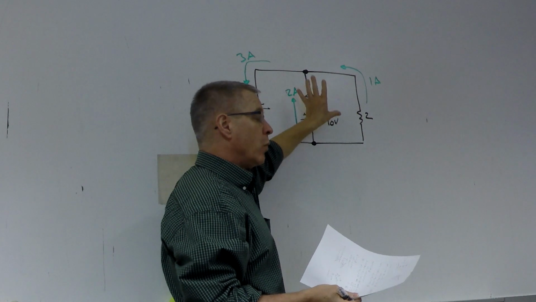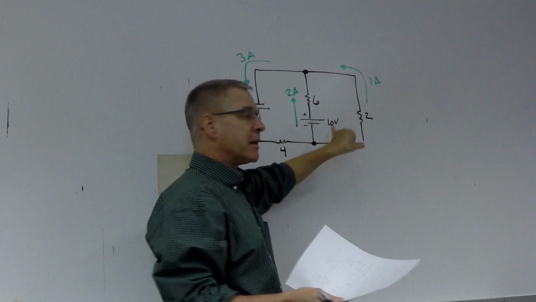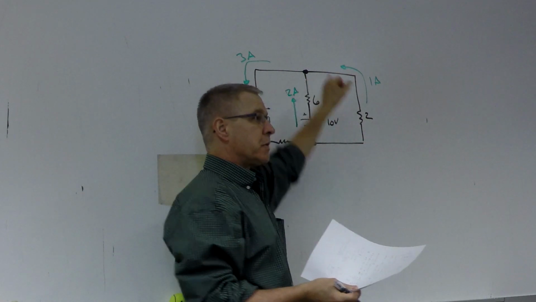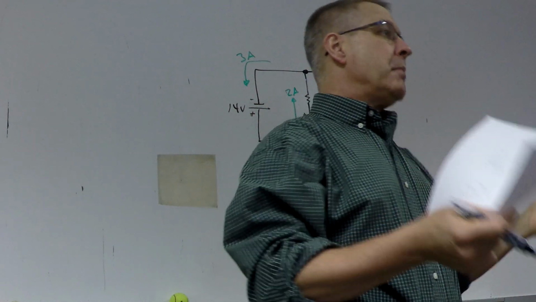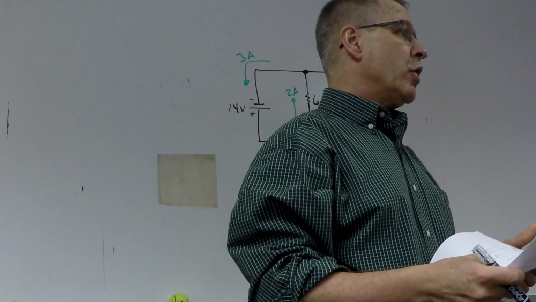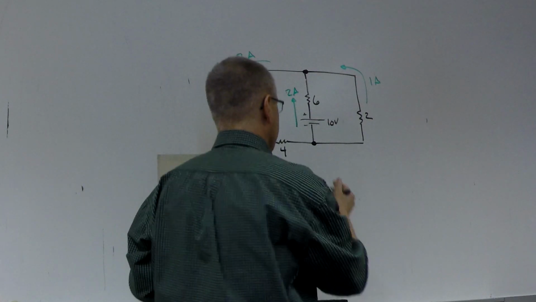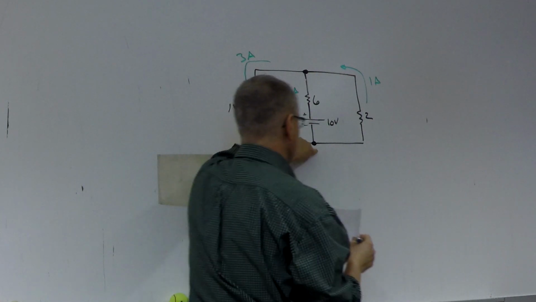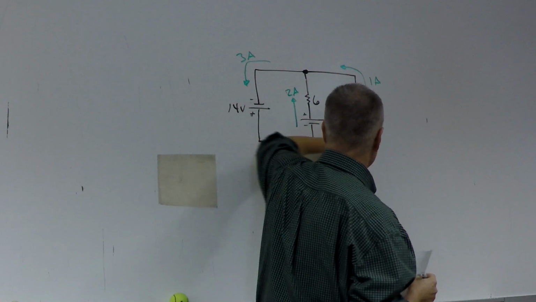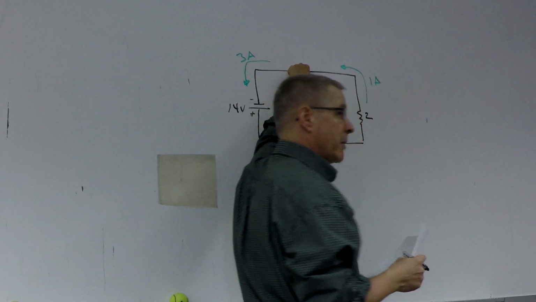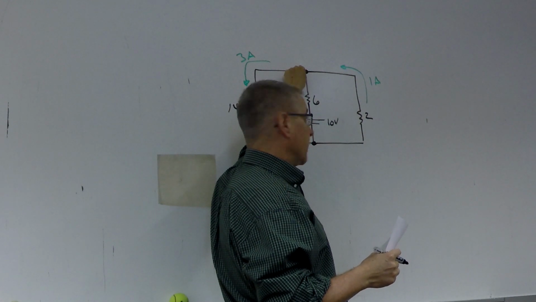Once we know what the currents are and which way they go, we're free to pick any path between the 2 points we're interested in and add up those potential differences as we're crossing power sources and resistors, and we'll know what the potential difference is between those 2 points. For example, let's take this path first and go this way, around the left-hand side. So I start here, go around like that, end up where I'm interested in, and let's add up all the potential changes around that left-hand side.